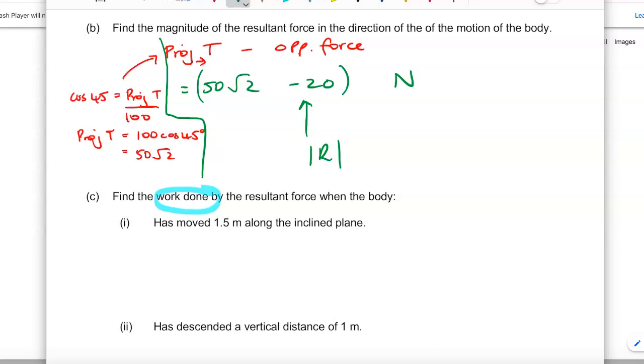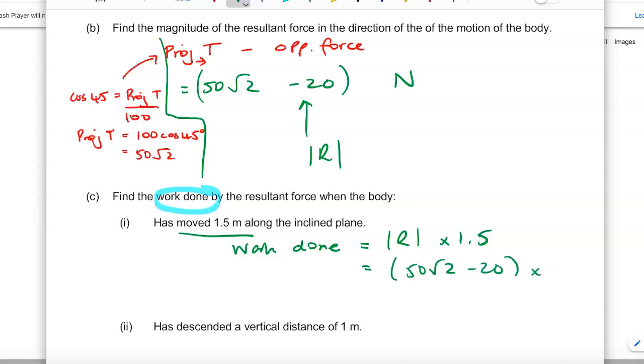And we can see here that if we want it to move 1.5 meters along that inclined plane, so rolling along, the work done from our previous Part A video is the size of the result times the 1.5 meters we want to move. So it's going to be 50 root 2, take 20 lots of 1.5. We can actually work out the decimal here is 76.1 joules.